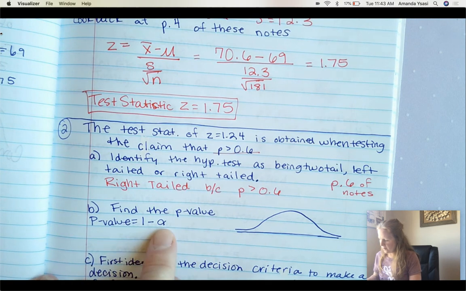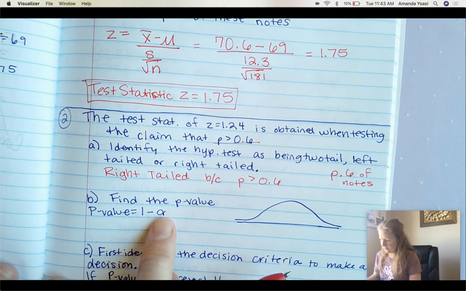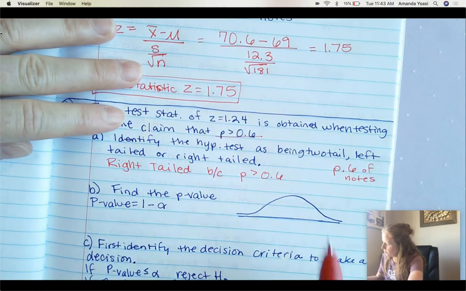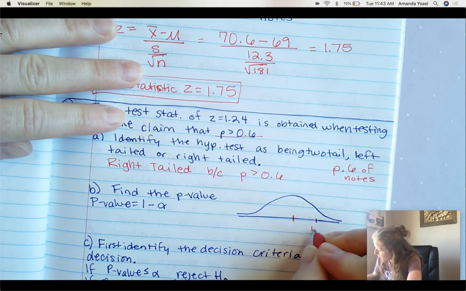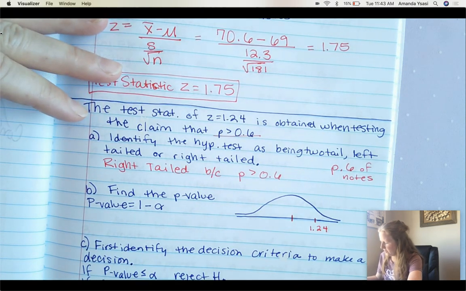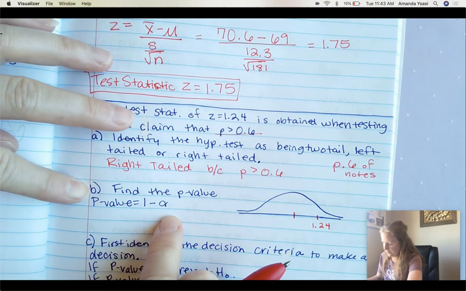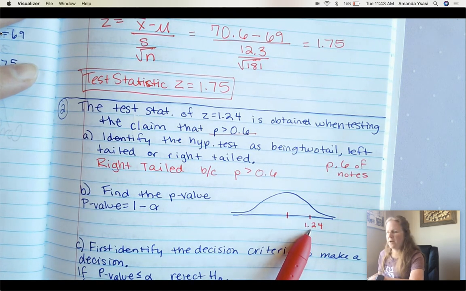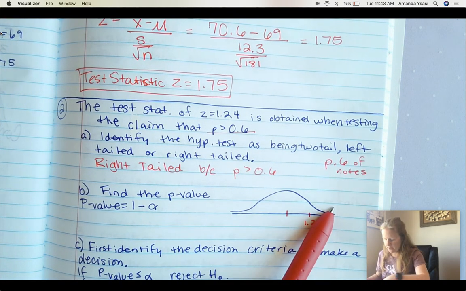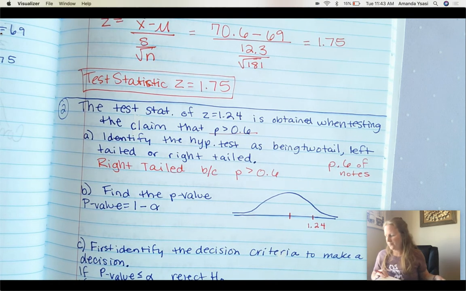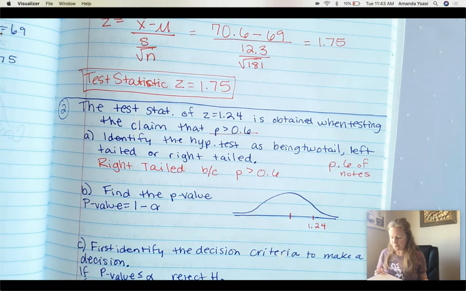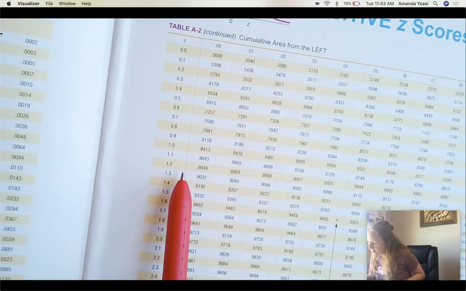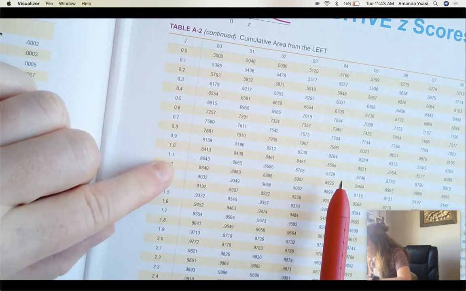Find the p-value. So our p-value, 1.24 is your test statistic, and we want the p-value. So we need to find out what 1.24 identifies with as far as the area. So we have to go to the positive z-scores. Okay, so 1.24 is right here.